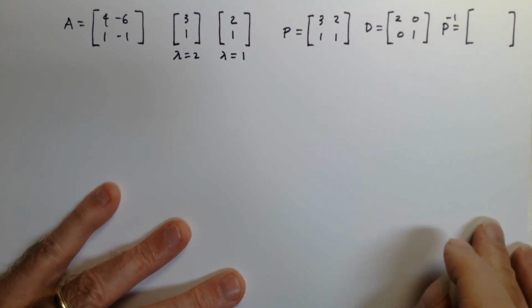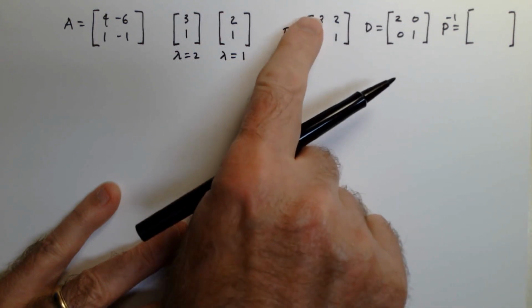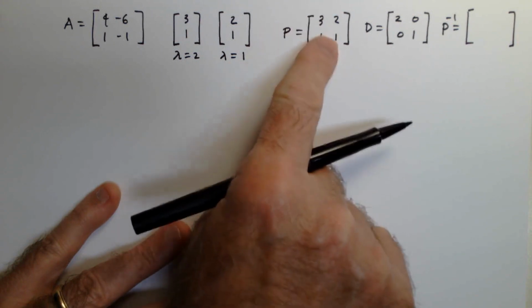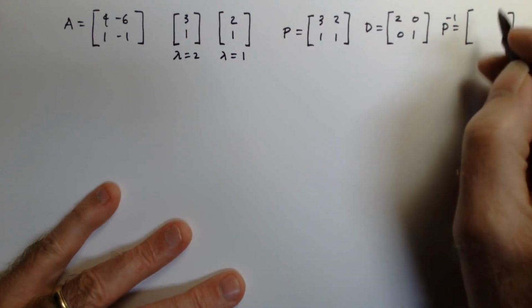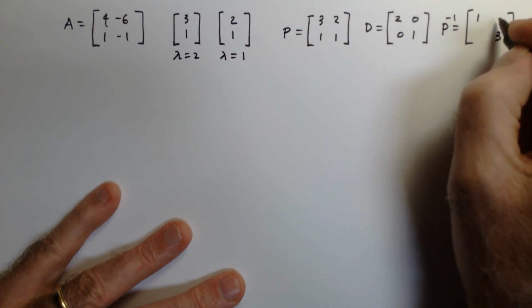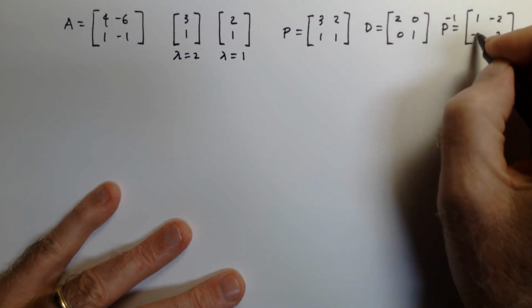Now in this case, that inverse matrix is easy to express because the determinant of our 2 by 2 matrix is 1. And so I can simply swap the diagonal elements and change the signs on the off diagonal elements.